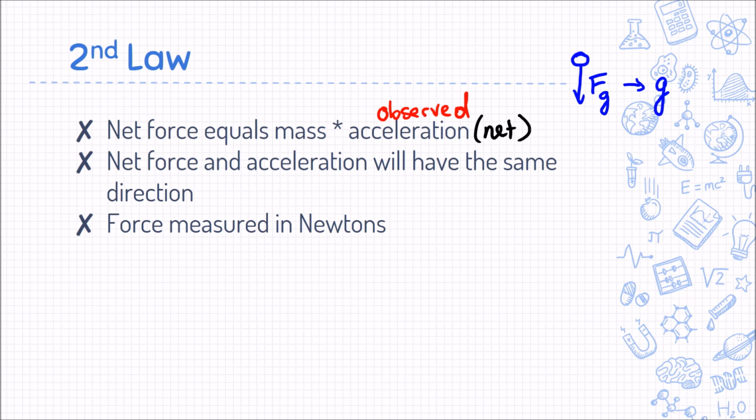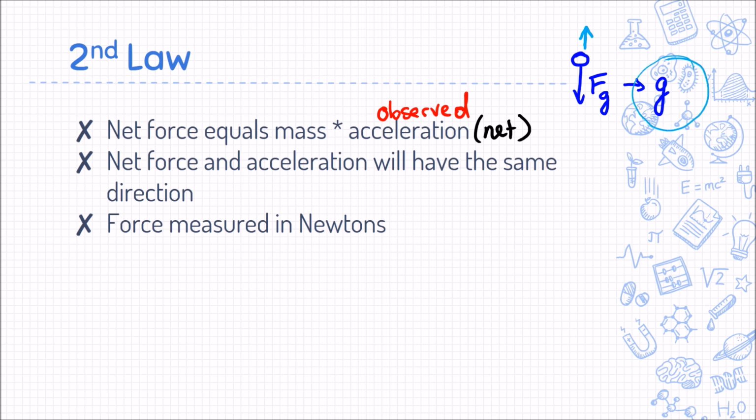However, now that we're talking about forces, we can start talking about how air resistance influences how our objects fall. If we have air resistance, we will not observe the object to be falling with that acceleration anymore.